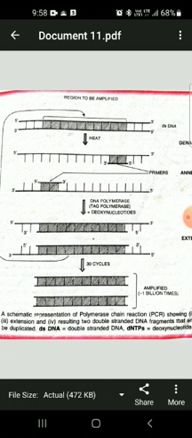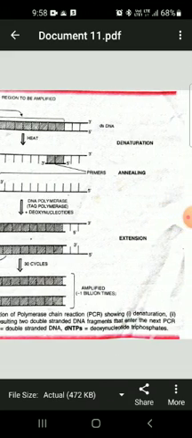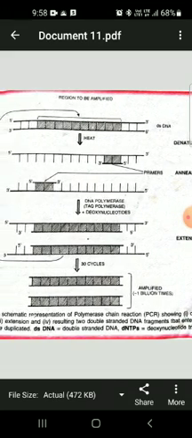So the template DNA is subjected to high heat, nearly 94 to 96 degrees Celsius, and due to this heat application, the DNA segment is separated. The hydrogen bond breaks, and the denaturation of DNA double helix takes place. The two nucleotide primers.